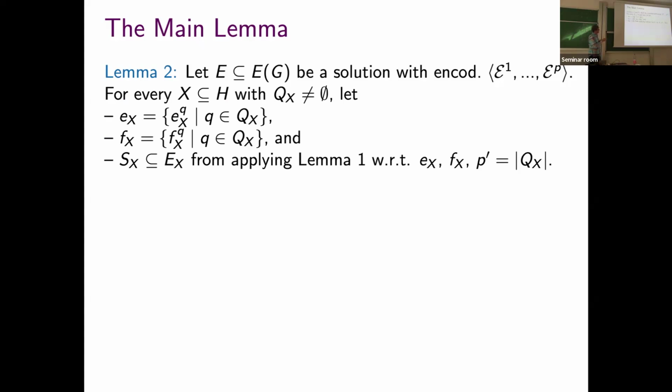Let EX and FX be the sets of edges that are part of my encoding for some page. So I put all the E edges that bridge the same subset X into one subset, and all the F edges into the other subset.